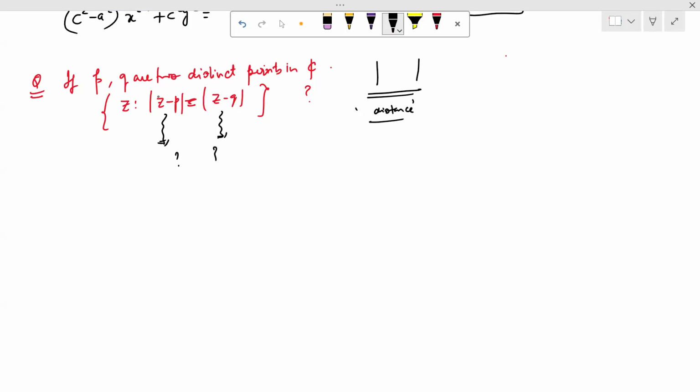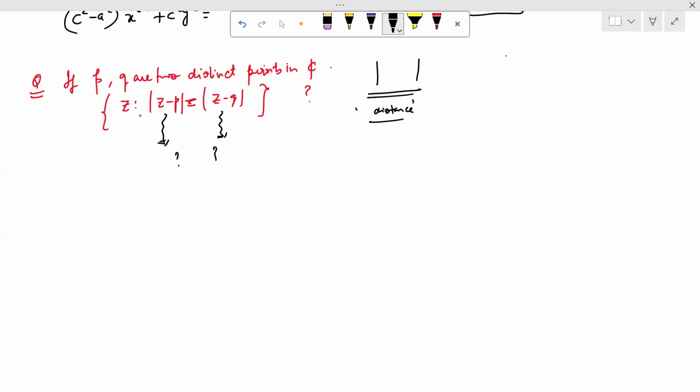It represents the distance of all those complex numbers which we are taking from P. It represents the distance of all those complex numbers which we are taking from Q. It implies that the distance when taken from P and the distance when taken from Q are equal. Is that fine?